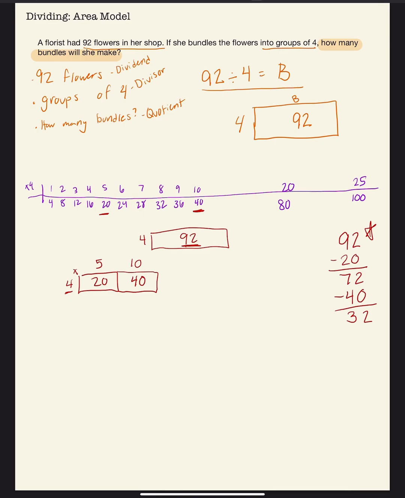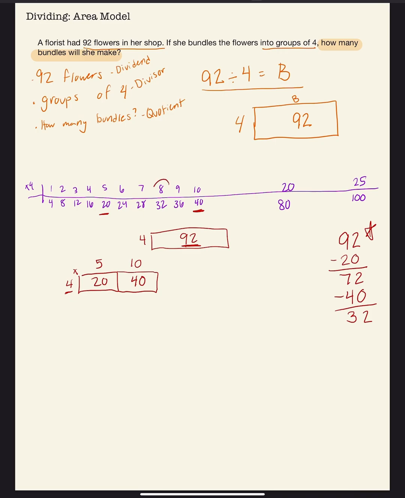I started with my 92, and I need to take away 32 more. So I've taken away 20 from my 92 and 40 from my 92. I need to take away 32 more. So now I look at my chart and I see, is there anything that is a multiple of 4 that is equal to 32 or less?